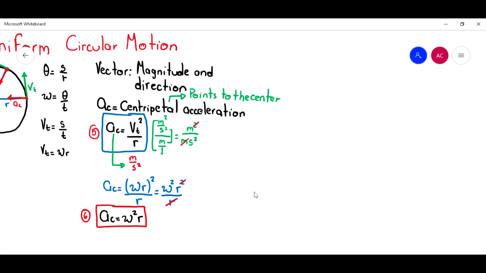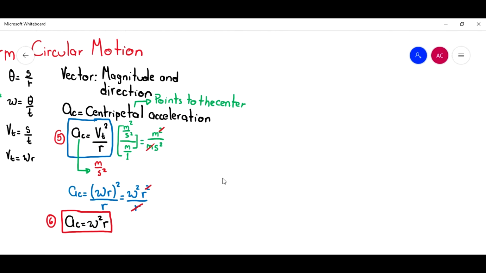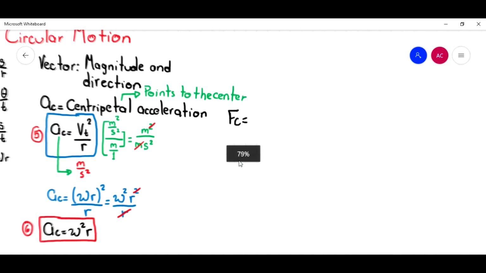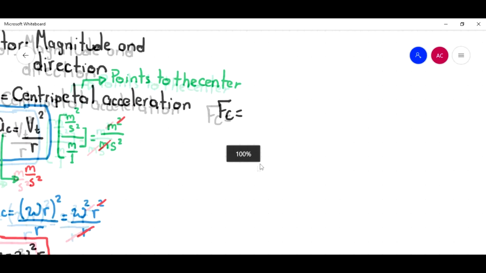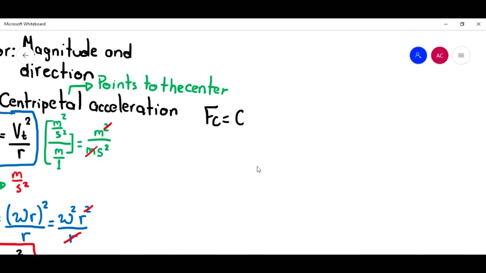So in this case, I'm going to have a force, and it's called Fc, centripetal force. And the name centripetal means exactly the same: it points to the center or towards the center.